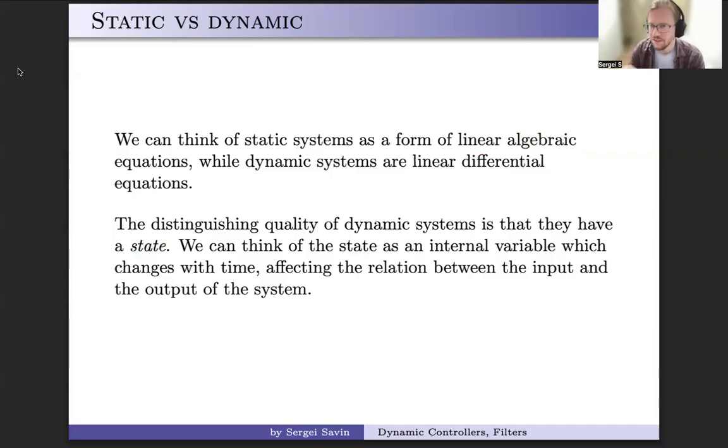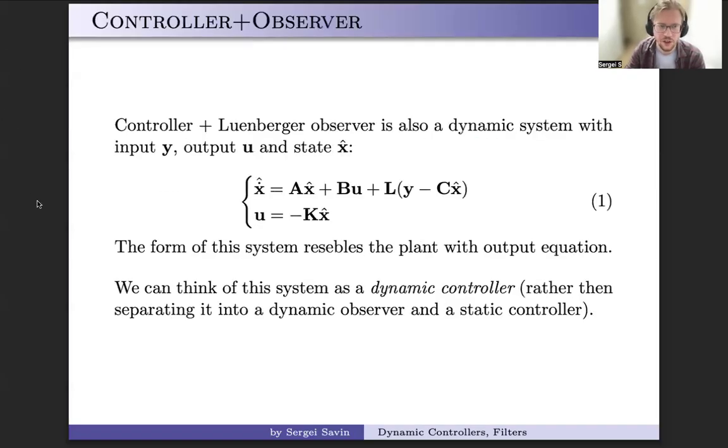Okay, now that we have this terminology, we can distinguish between static and dynamic systems. Let us consider our Luenberger observer. It is described like this, right? The input to the Luenberger observer is y. The output of the Luenberger observer is u.